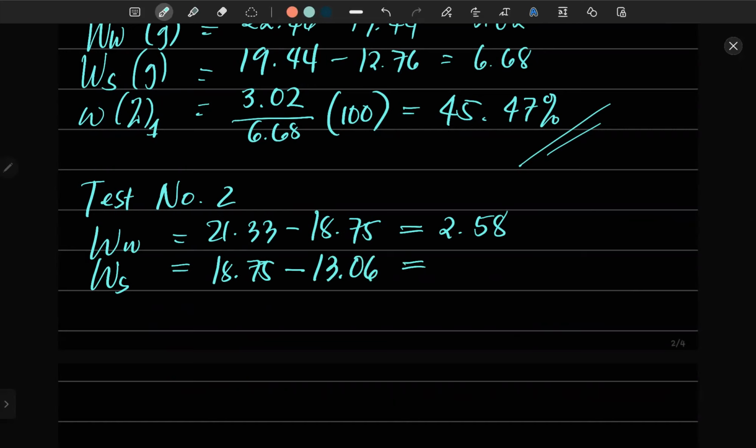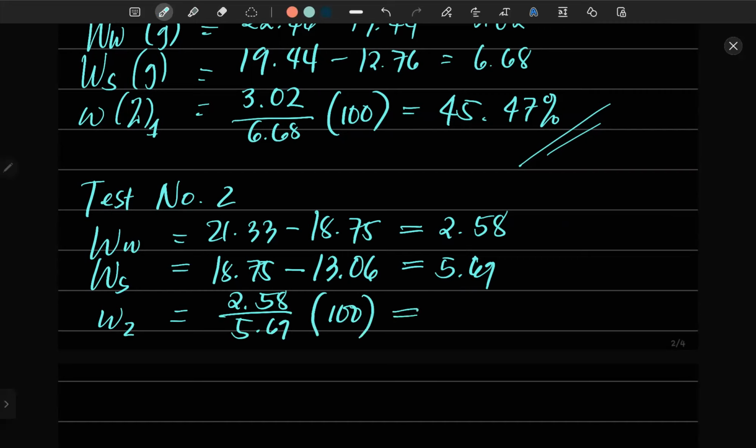That is equal to 5.69. For moisture content 2, this is 2.58 divided by 5.69 times 100.